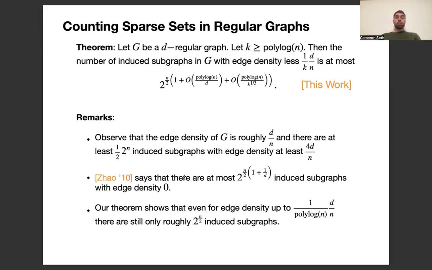Zhao's result says that this is the number of induced subgraphs with edge density 0. But what we show is that for edge density up to roughly d over n divided by some polylogarithmic factor in n, there are still only roughly 2 to the n over 2 induced subgraphs. So in other words, we can have density a fair bit larger than 0 and still have a lot of induced subgraphs.